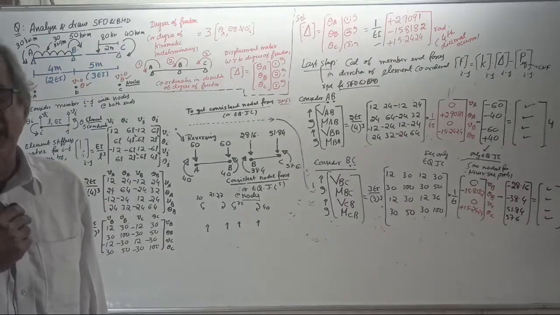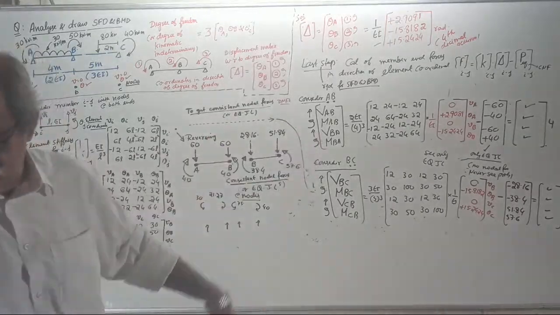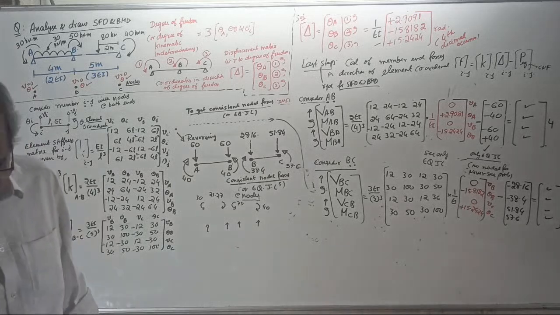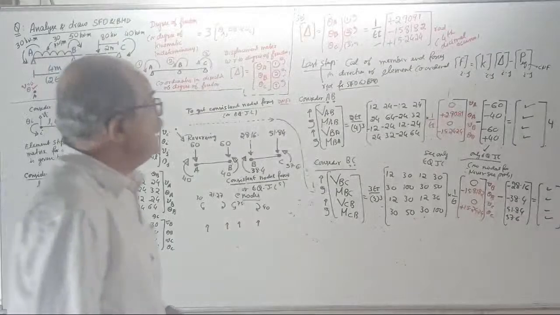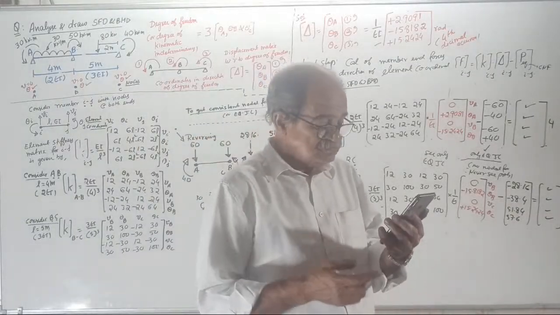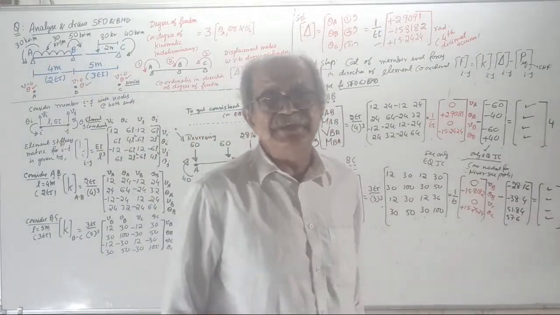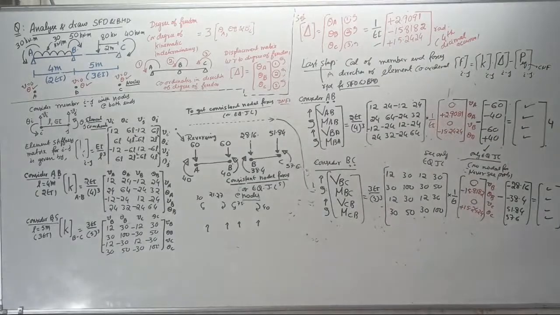Fast, fast. Don't waste time. Fill up those four values. If you want to learn everything, fill up those values. If a mistake is there, I will find it very easily. Start. Get the answer. I will draw SFD BMD to complete the question perfectly.